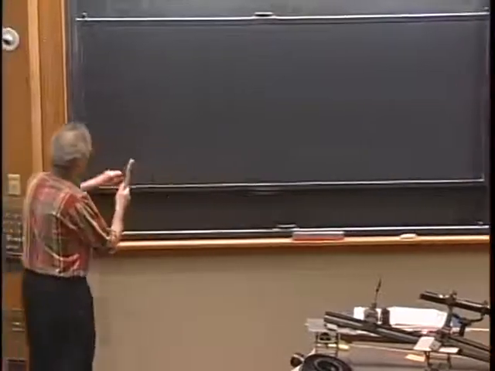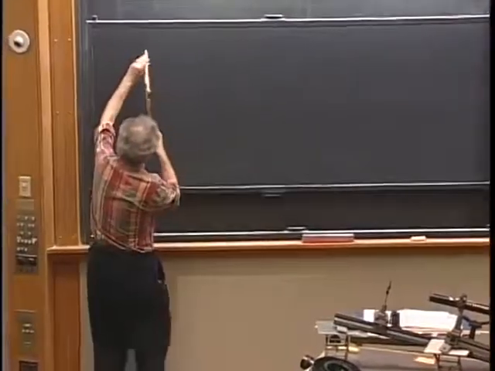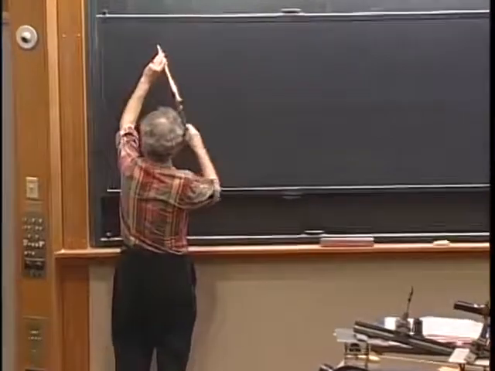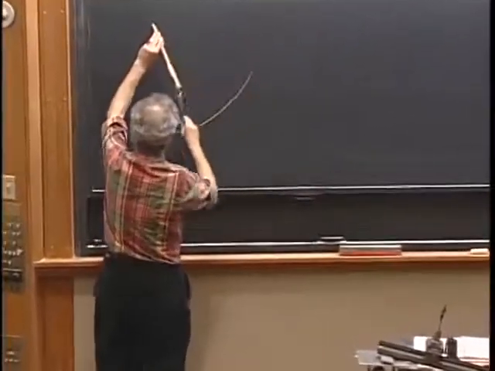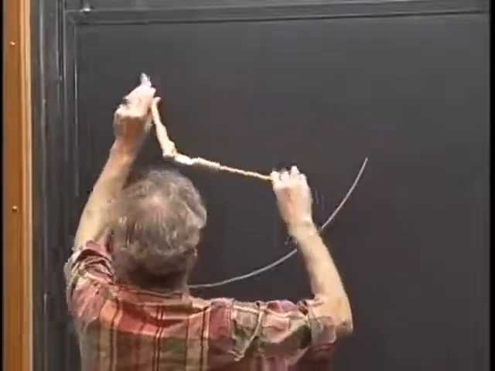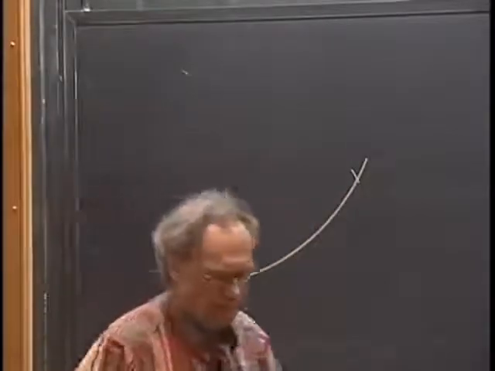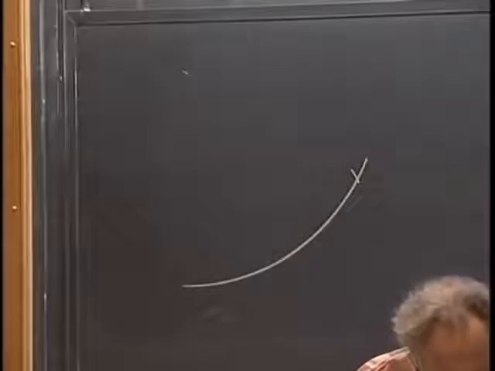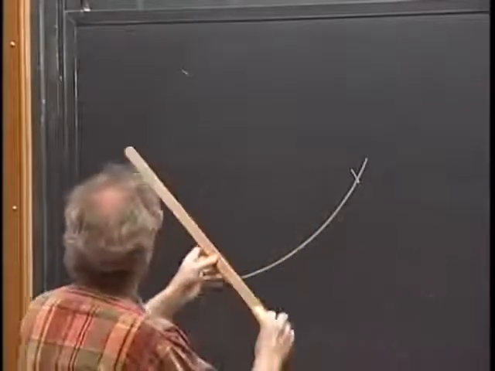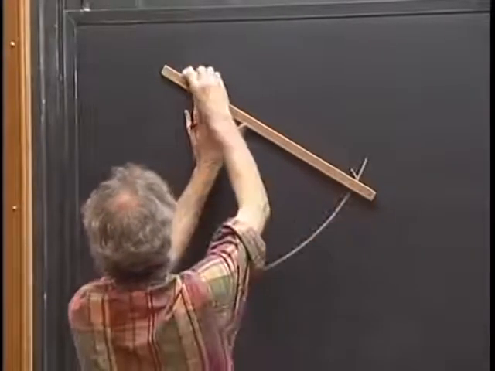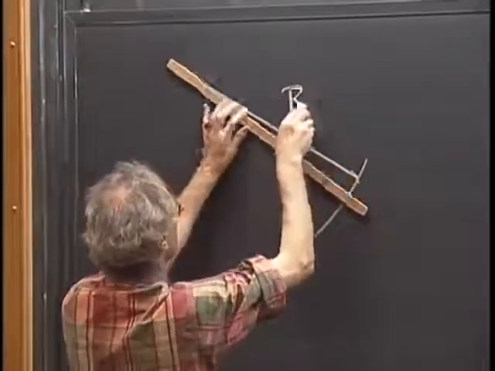I start with a circle. You will see shortly why I do that. The radius of the circle is unimportant. You will see that that will cancel. So this radius, arbitrarily chosen, is r.